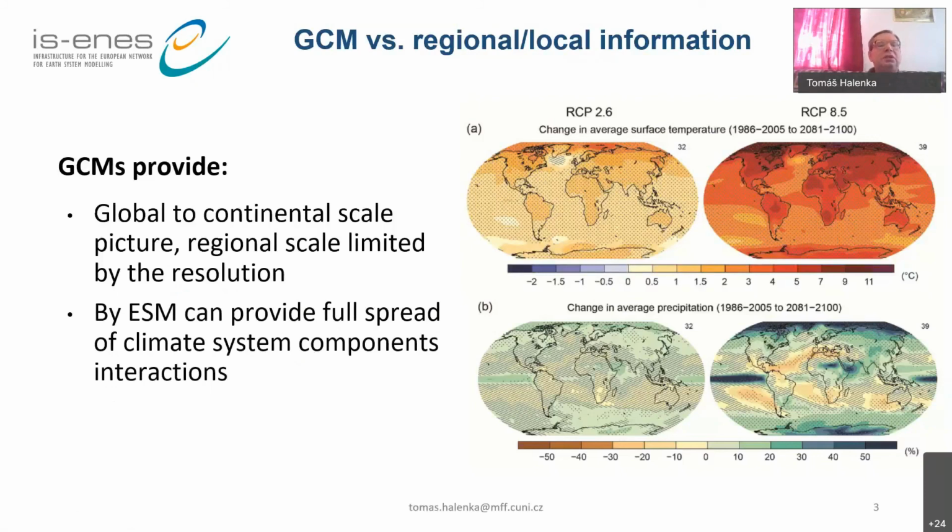In global models, now we are talking more about Earth system models, and that's again something which is much easier on a global scale, to provide a full spread of information on climate system components. I mean all the components of the climate system, which is not so easy in regional models, or not so developed yet, even though there are some attempts to couple an atmospheric regional model with a sea model in some places where it's necessary.